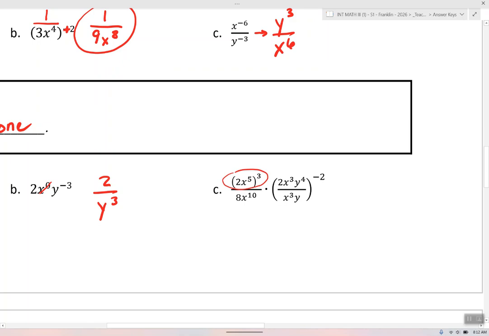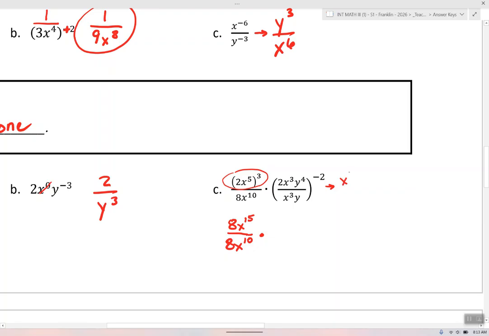2 to the 3rd, that's 2 times 2 times 2 is 8. x to the 15th over 8x to the 10th times, now this negative, again, this is going to flip it. So I like to flip it first just to simplify a little bit up here.